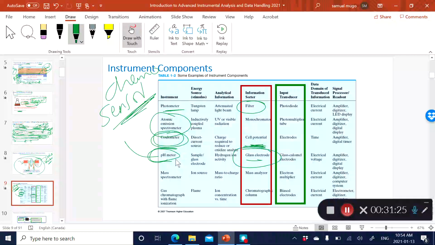The glass electrode is what is capturing the hydronium ions of interest. I'm going to show you in a couple of slides how that is translated into an electrical quantity. If the instrument in question is a mass spectrometer, then the information sorter in that case is a mass analyzer. Remember us talking about the QQQ, the triple quad? Remember us talking about the time of flight, the TOF, and I was defining the acronyms.